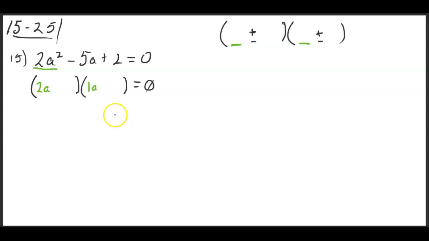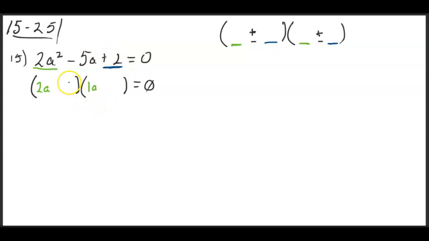Now, this last term right here, the constant term, I'm going to include that sign. It's a positive 2. The way we get that last term is it's the last term of one binomial times the last term of the other binomial, right? And so it's a 2, okay?